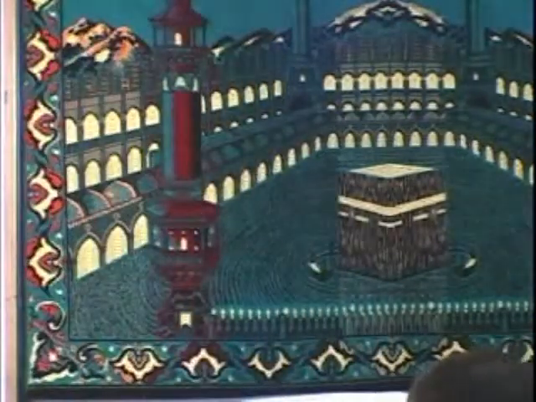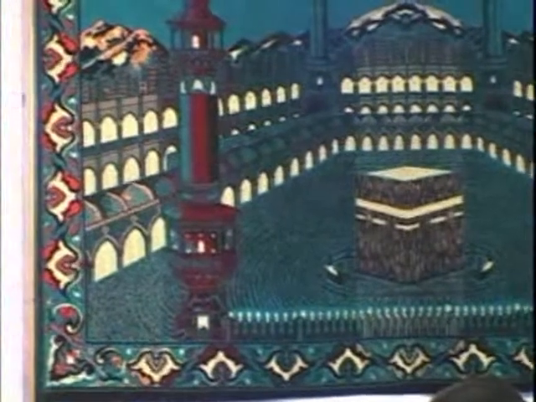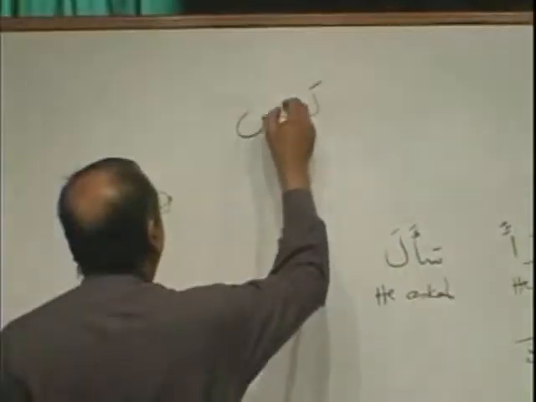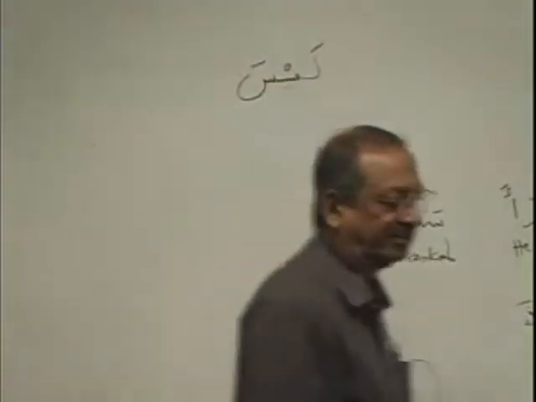Now, in book 2, lesson 2, we come across a verb called laisa. What is the verb, brother? Laisa. This is a very different verb, brothers and sisters.